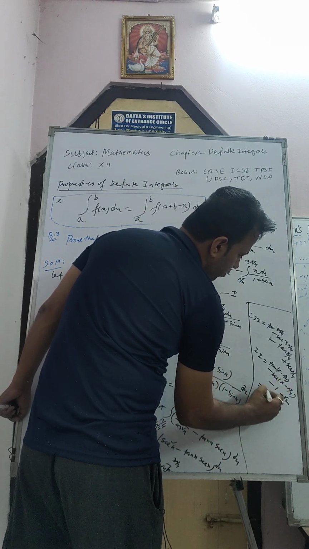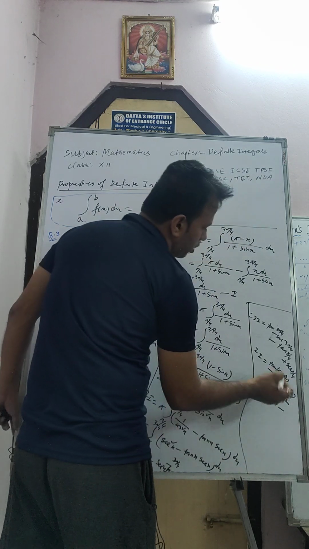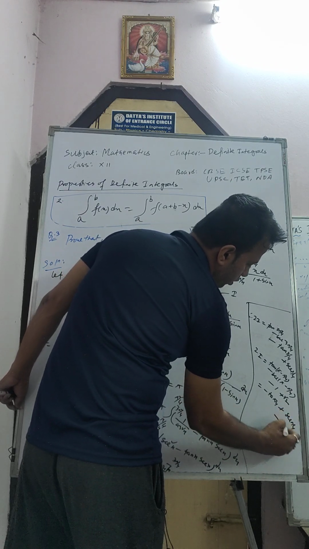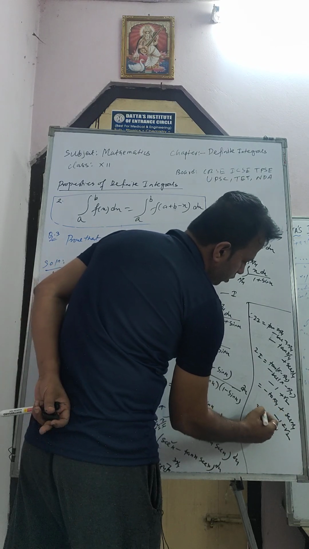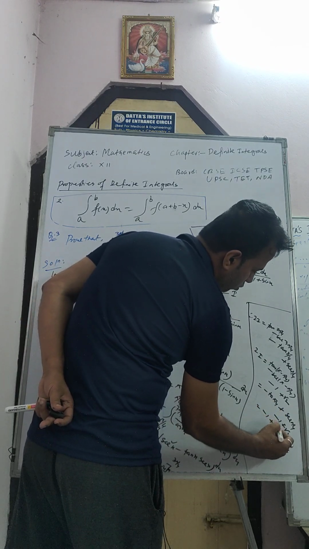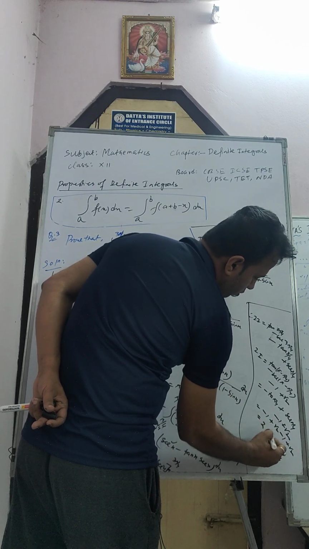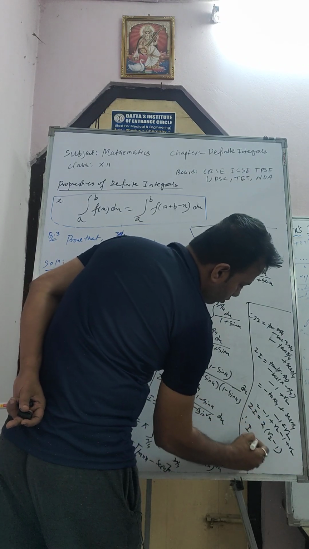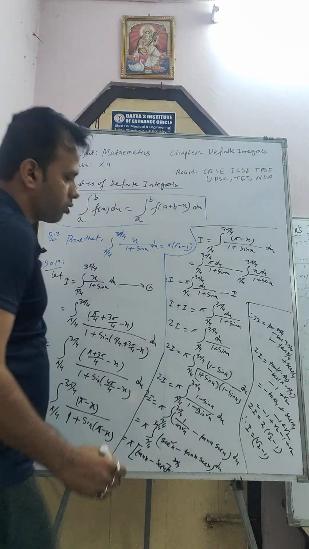So tan pi by 4 gives minus 1, and here sec will give minus root 2, plus sec pi by 4, minus 1 plus root 2. So it will become minus 1 plus root 2, minus 1 plus root 2. So 2 into root 2 minus 1, that is 2I. So therefore I equal to root 2 minus 1. So pi into root 2 minus 1.